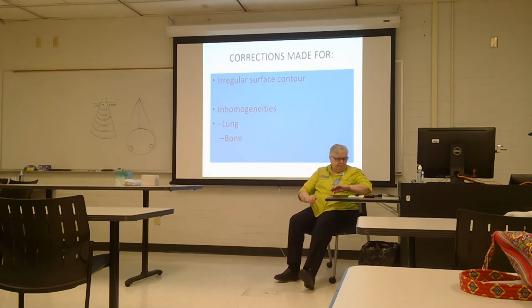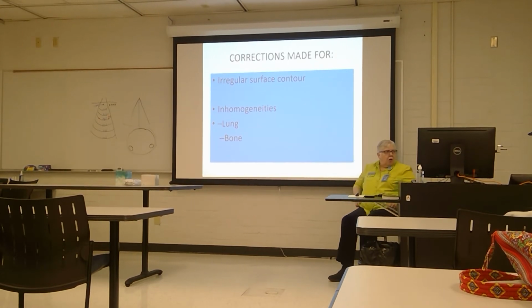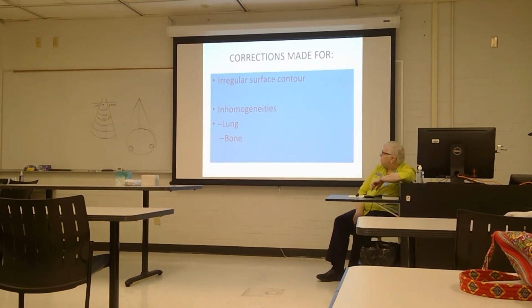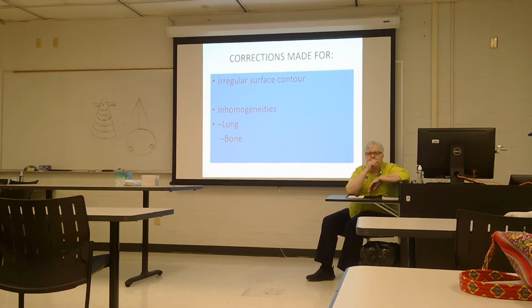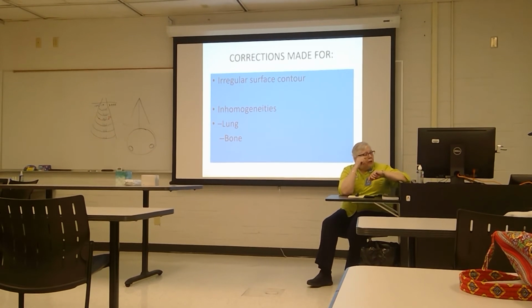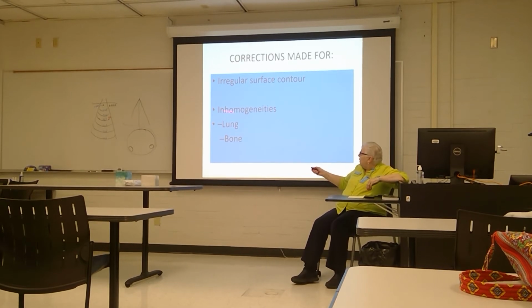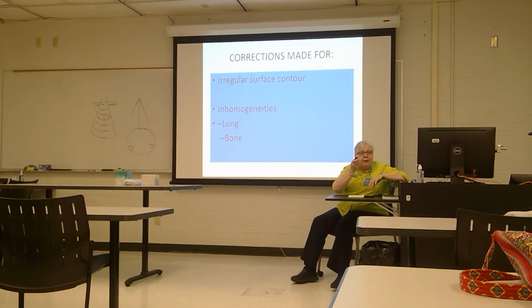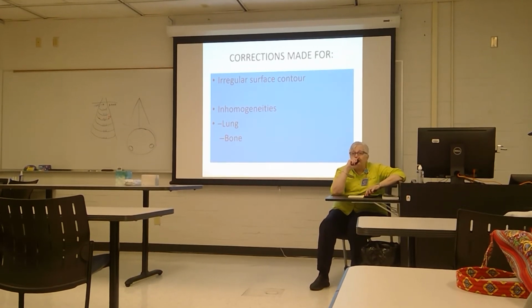Okay, so inhomogeneities. Why do we need to worry about inhomogeneities? What are inhomogeneities? You've got lung and bone. So normally, if you're treating a patient, what type of tissue do you go through? Soft tissue, right?